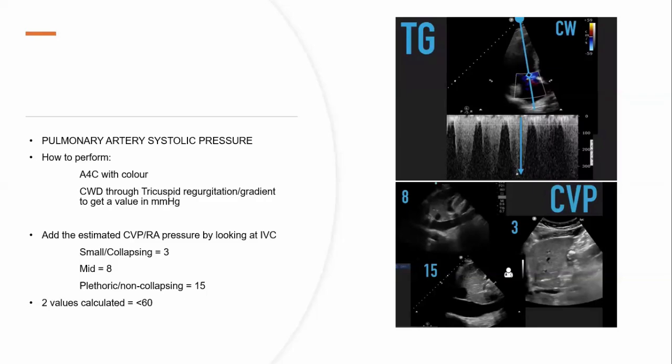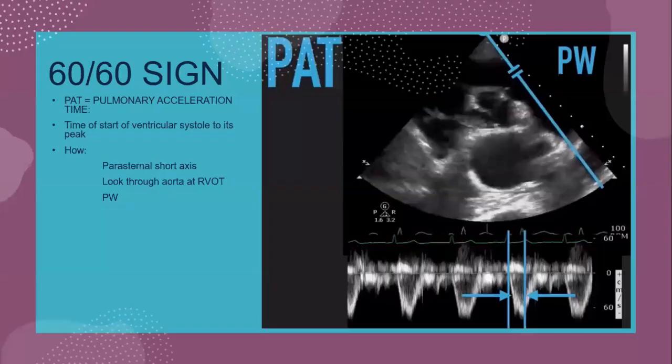Then the second part of your 60-60 sign is your pulmonary acceleration time. You do a parasternal short axis and find your aortic valve, that Mercedes-Benz sign, then find your pulmonary artery, and you do pulse wave, and you measure the time from the onset of systole to the max.